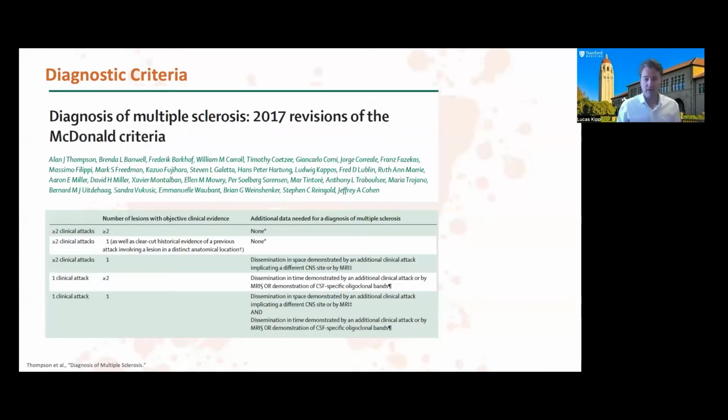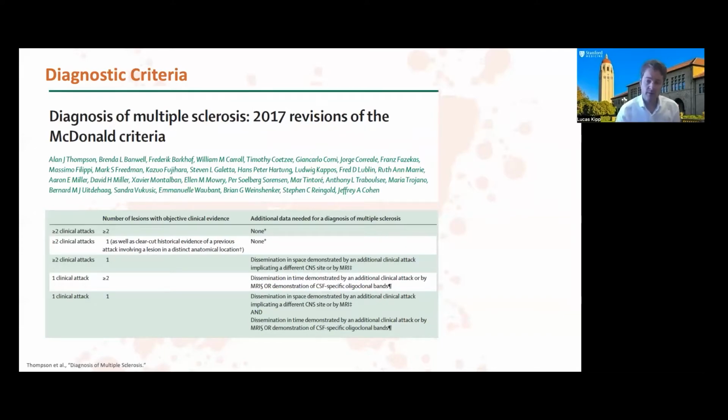So these are called our McDonald criteria for relapsing remitting MS, which is the type of MS I'm talking about right now. This has undergone multiple revisions through the years, most recently in 2017. And I'll leave this for you to look back on in the future, as well as the reference for this paper, which is relatively easy to read.